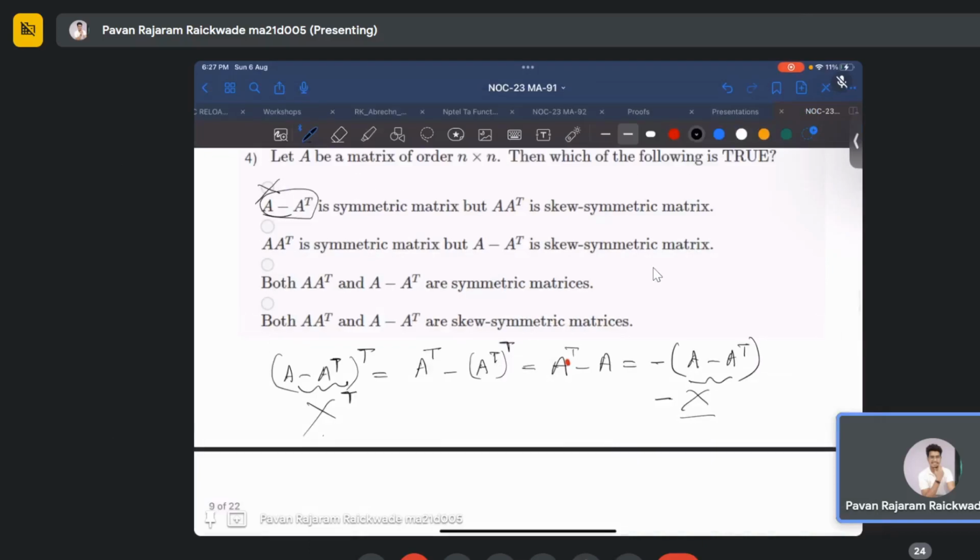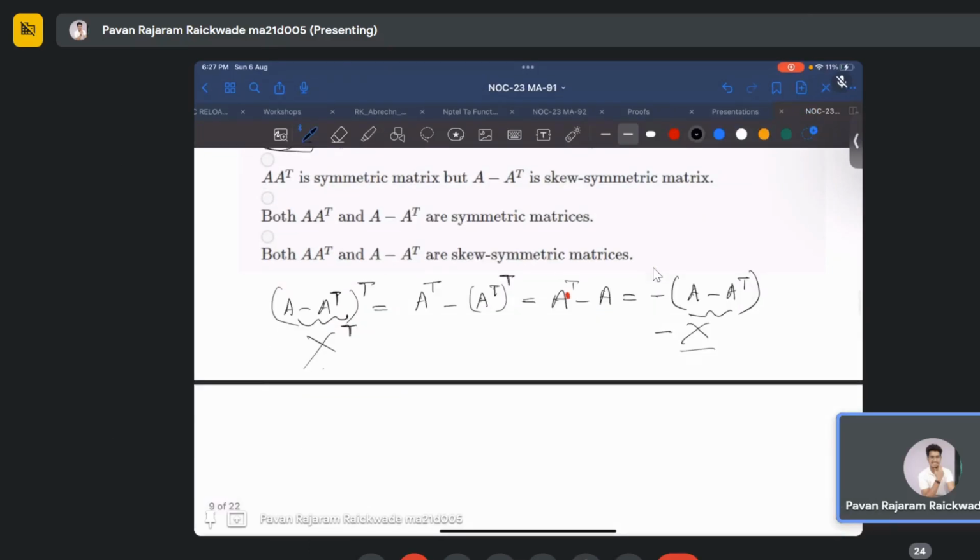Yeah, so the first option is wrong. Let's see what the second option says. A transpose is symmetric. Okay, so what is the transpose of A transpose? The formula we know is for any matrices A and B, AB transpose is B transpose A transpose. So with that, A transpose transpose will be A transpose transpose, where this is B and this is A in our case.